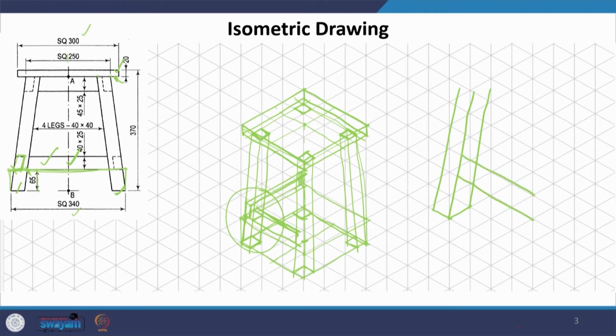Okay. Half the thickness of the leg is the thickness of this part. Okay. This is what we see. This was what we were seeing as the leg here. And you can actually see that it extends slightly.